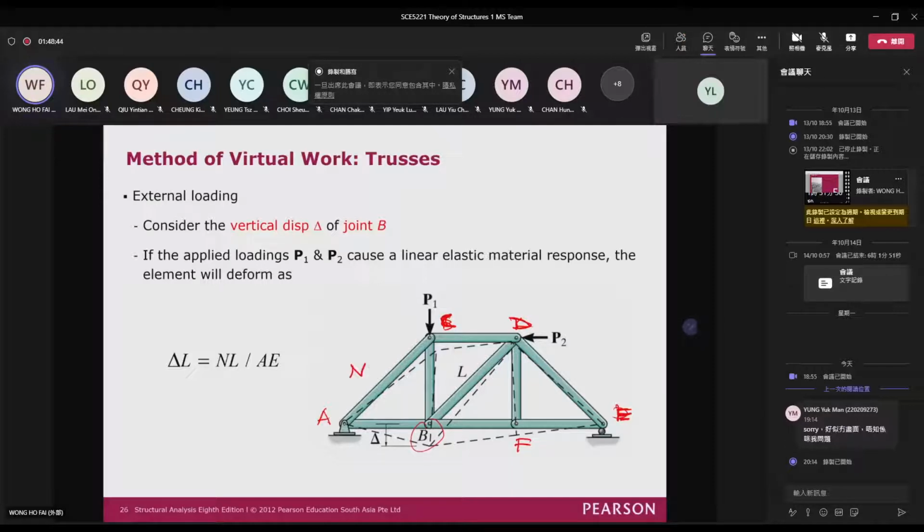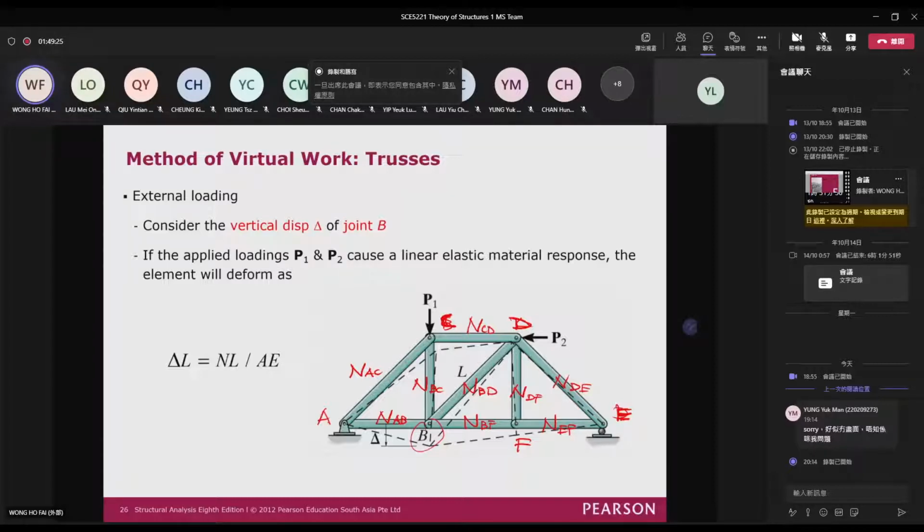We can call them NAC, NCD, NBC, NBD, NAB, NBF, NDF, NED, NDE, and NEF here. Okay? You can see that basically under the loading, P1 and P2, we have these forces. This is due to the real load. Do you agree?